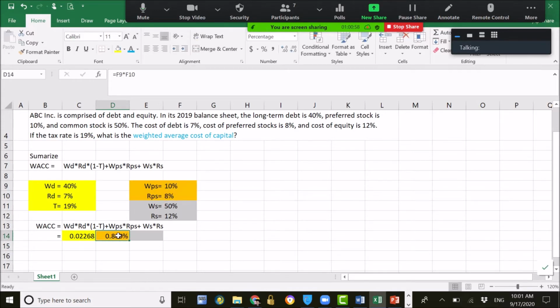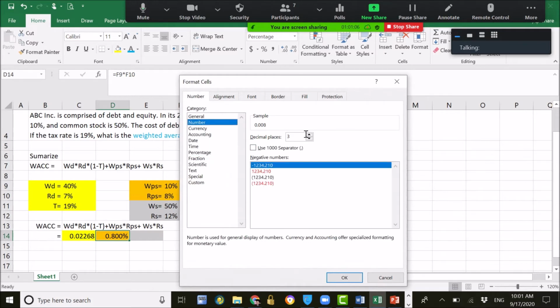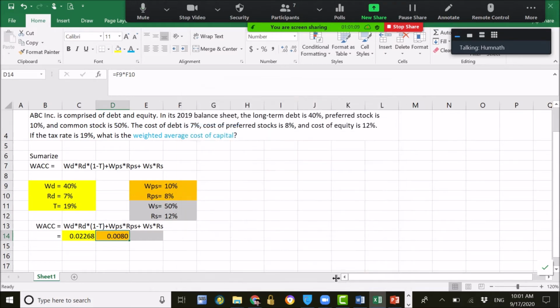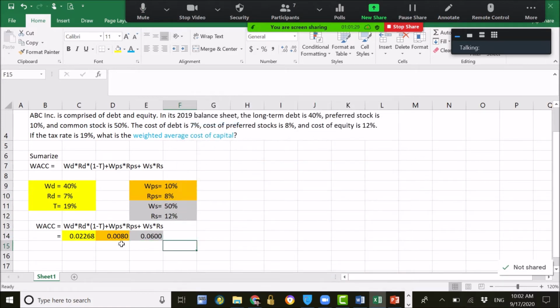Right now I'm not going to use a formula, I'm going to just use the number with 4 decimals. Finally, the cost of common stock equals this weight multiplied by the cost. Again, it's easier to do it at the end as a percentage. All right, 4 decimals.